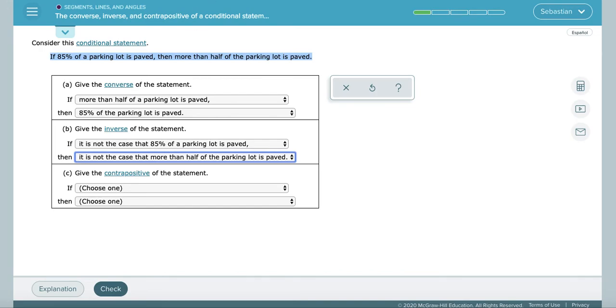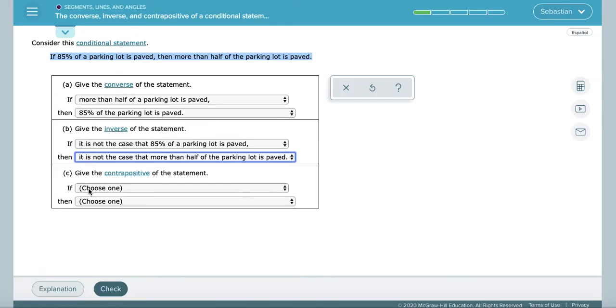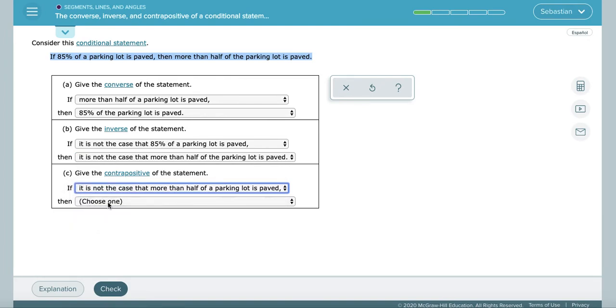And then the contrapositive, the last one, is going to be your converse with negations. Like that. Yeah, that looks good. Okay, let's check it.